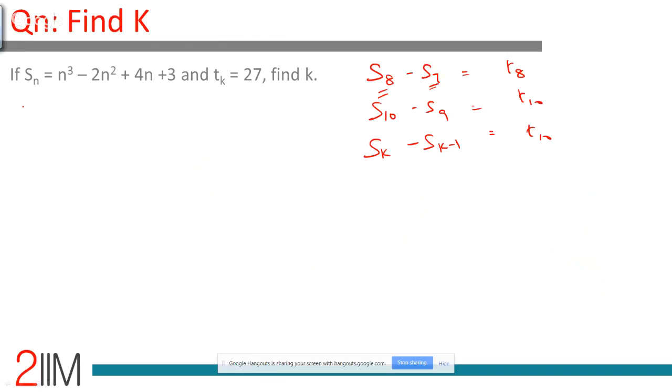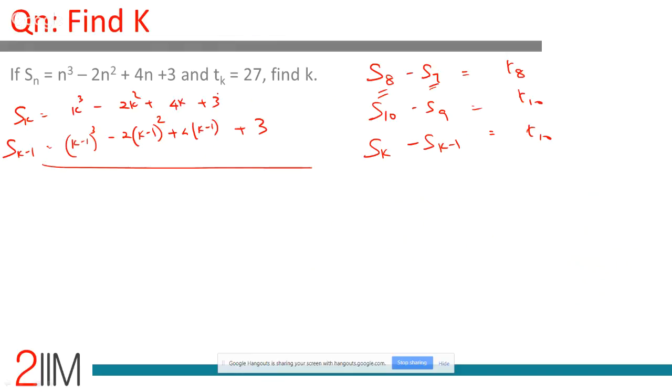So Sk is nothing but k cube minus 2k square plus 4k plus 3. Sk minus 1 is k minus 1 whole cube minus 2 times k minus 1 whole square plus 4 times k minus 1 plus 3. Subtract one from the other. We are through.